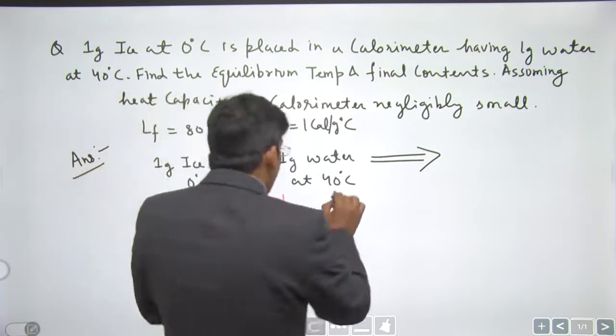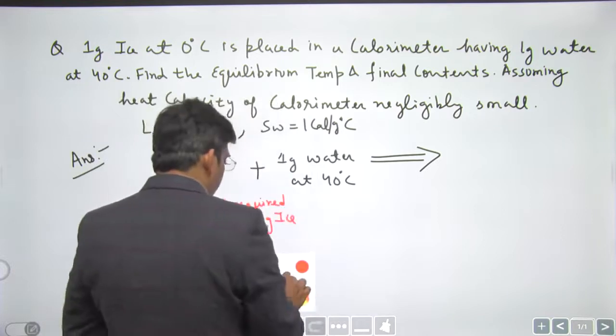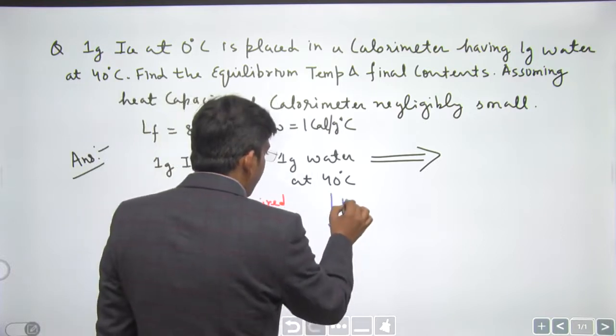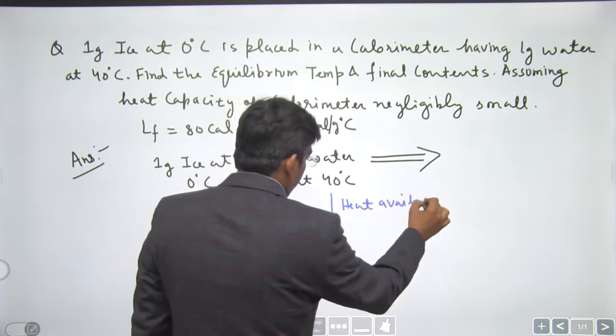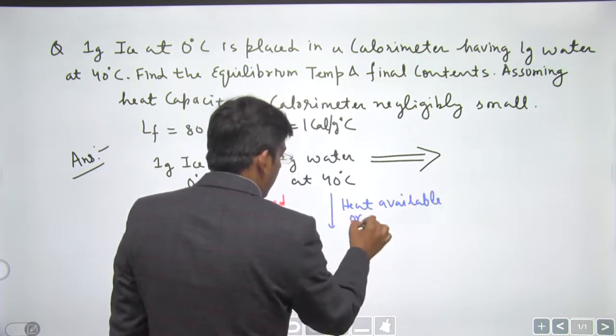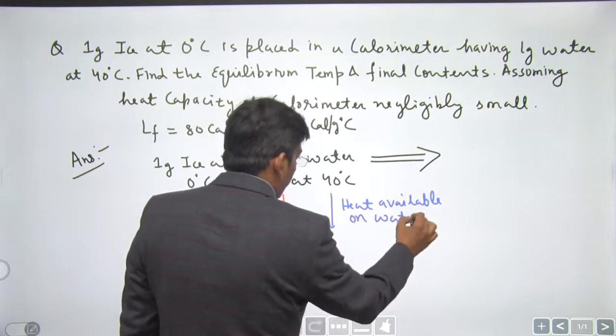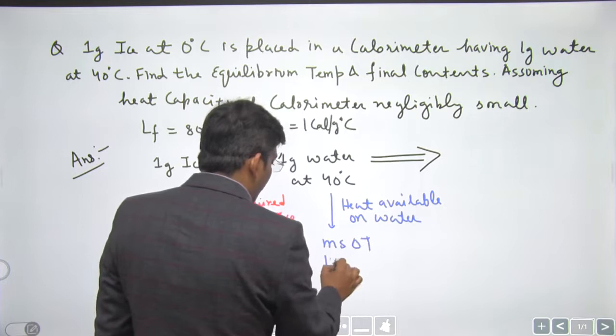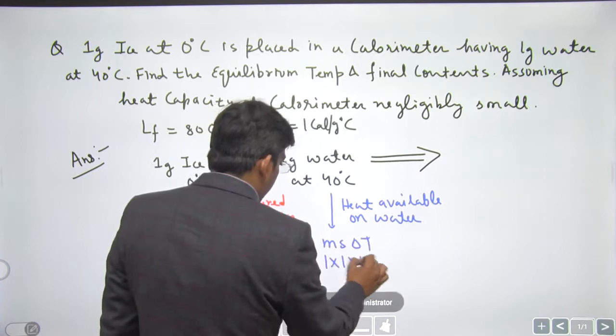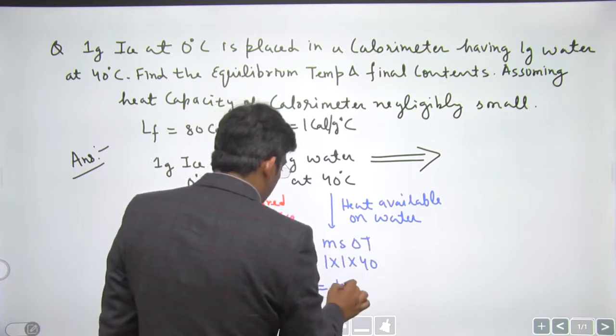This heat is extracted from the water. Heat available from water is mass into specific heat into change in temperature. Mass of water being 1, specific heat being 1, change in temperature being 40, so heat available is only 40 calories.